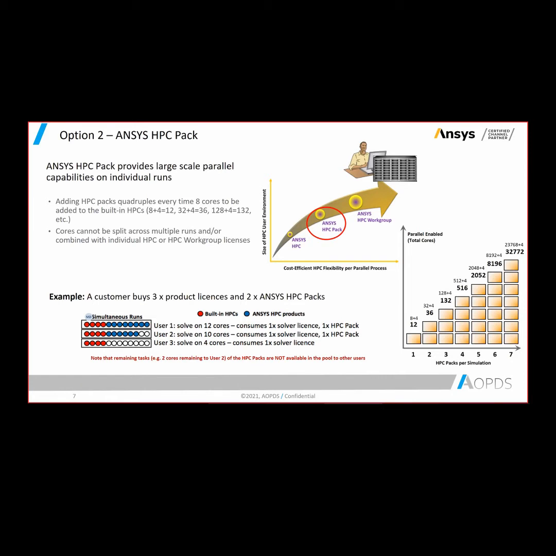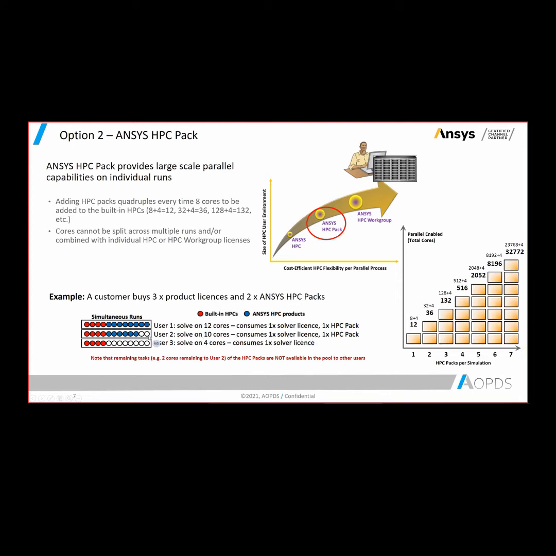So, for example, if you buy 3 product licenses and 2 Ansys HPC Packs, if the first user solves on 12 cores, he or she consumes 1 solver license and 1 HPC Pack. And if the second user solves on 10 cores, he or she consumes 1 solver license plus 1 HPC Pack.